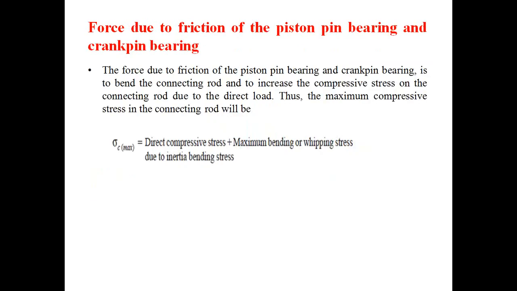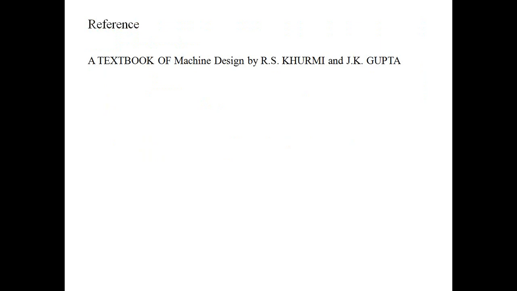Force due to the friction of the piston pin bearing and the crank pin bearing can be calculated from direct compressive stresses plus maximum bending stresses due to the inertia of bending stresses. Normally the value of this force is very small, so it can be easily neglected while solving.